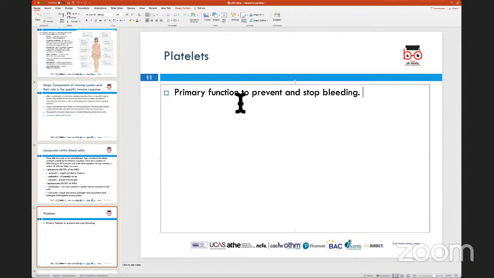As I mentioned earlier, if you get a cut on your finger or your hand or anywhere in the body, and the blood starts flowing out, that shows that there's a physical puncture which has happened on your skin. Now, platelets are the cells which are going to try and repair the blood vessel which has ruptured.